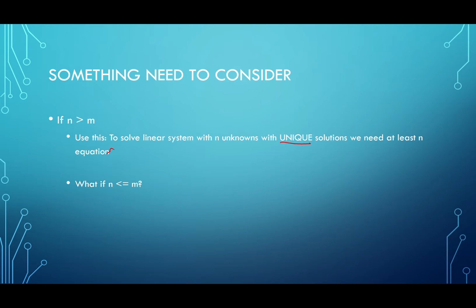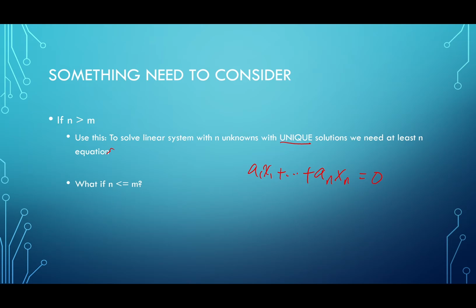So to make this more clear, let's say you have equations a1 x1 plus and so on until an xn equals, let's say we're just solving for everything equals 0.